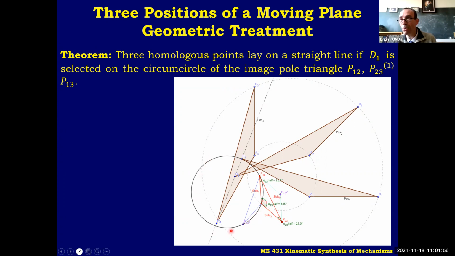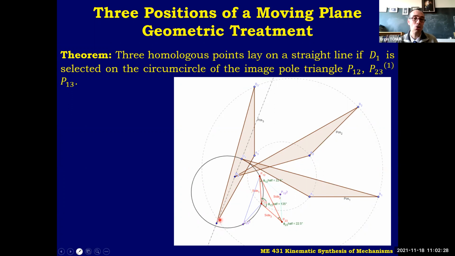So we obtain a point D1 on position number 1. And when we move it to 2 and 3, it turns out to be that these 3 positions are on a straight line, so that you can place a slider there rather than a crank, okay?